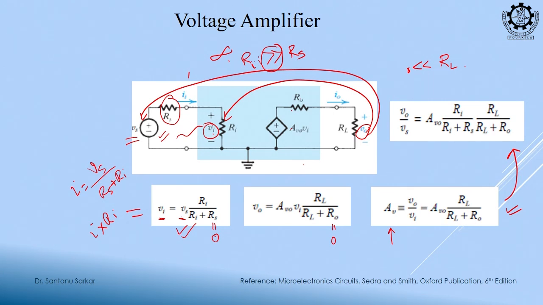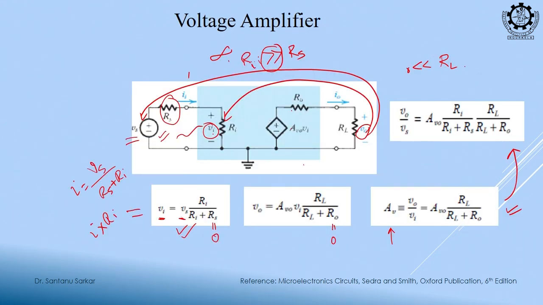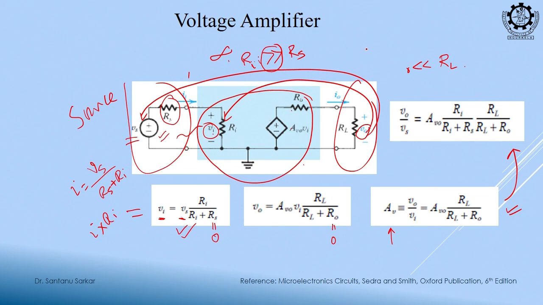Will it change very much? Very little it will change. Now, can you tell me what is this? Is this a single stage amplifier or a multi stage amplifier? In the previous one, how many stages were there? Only one stage. Okay. This portion is my amplifier, this portion is my source, this portion is my load.